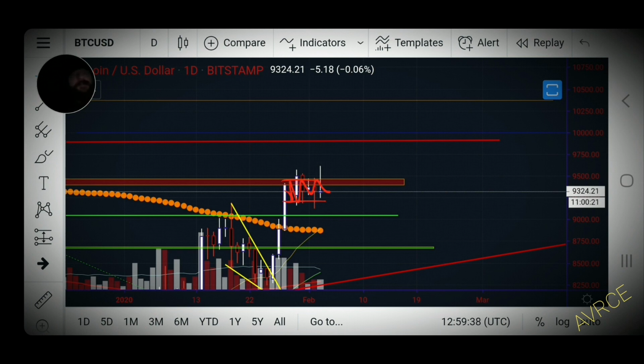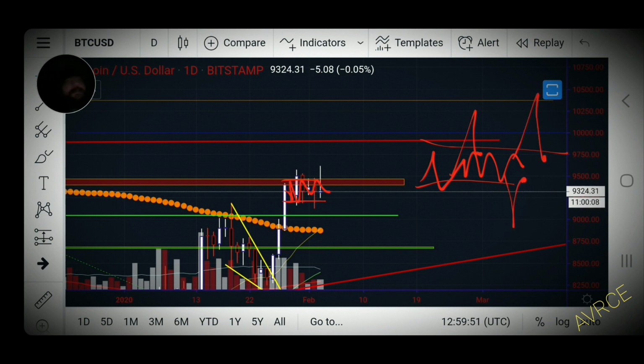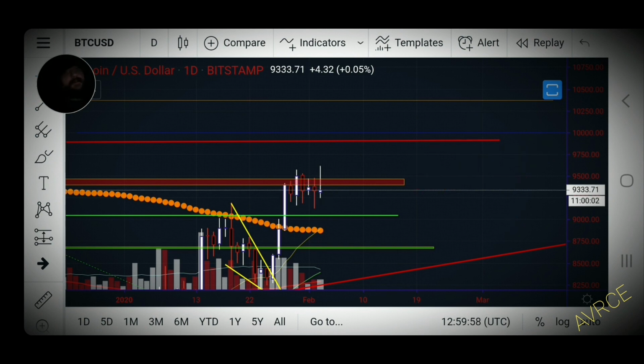Personally, I just don't see it. On the smaller time frames, you can see where Bitcoin has kept in a bull flag trend, but it had a fake out and a fake out and a fake out, and there are just too many fake outs for me to believe that is a bull flag. So I think it's something else.